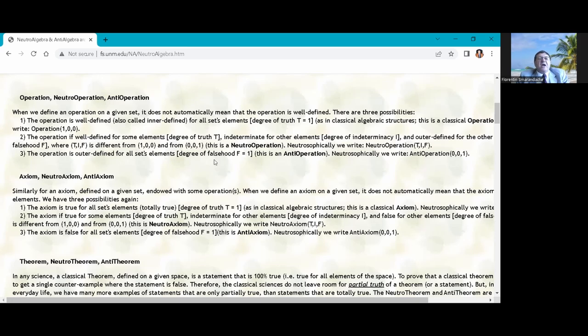And there are also cases when we have an operation which is totally false. So the truth degree is 0, the indeterminacy degree is 0, and the false degree is 1. These are called anti-operations. So we have classical operations, learned in schools and universities, and neutral operations, which result from our everyday life, since many laws apply only partially to some people, do not apply to other people, or apply in different degrees.